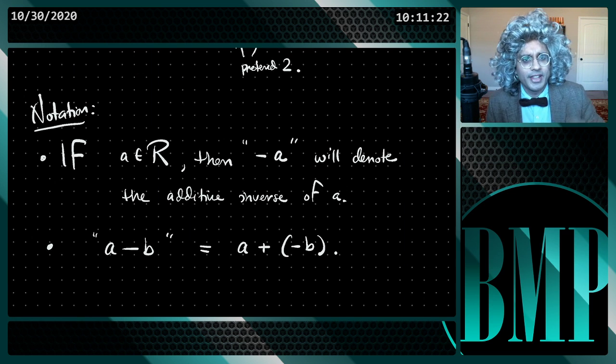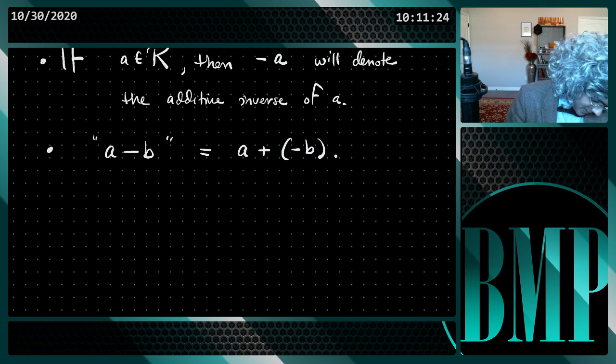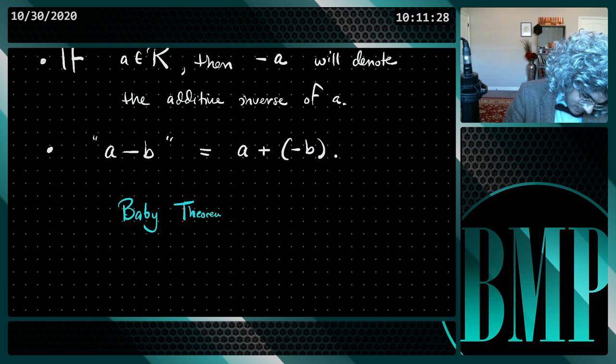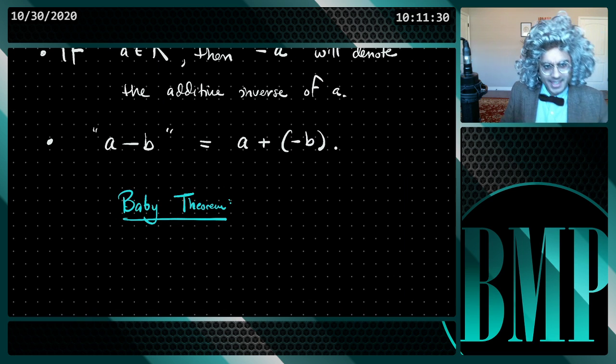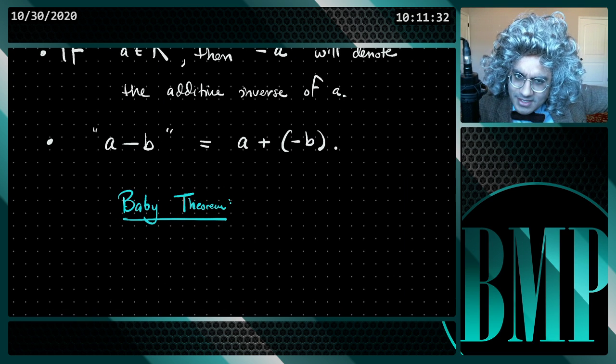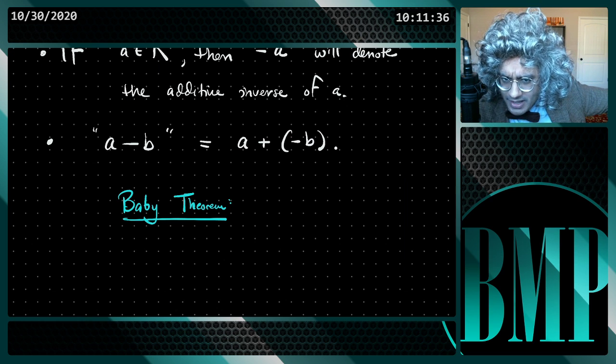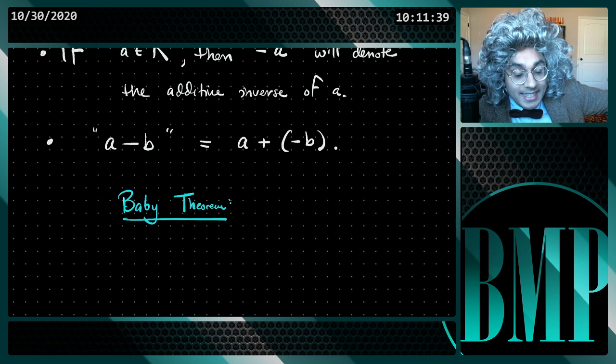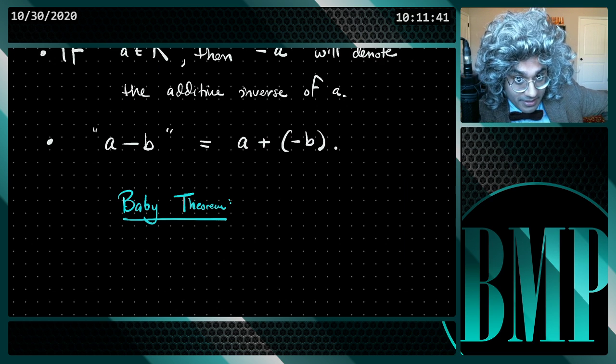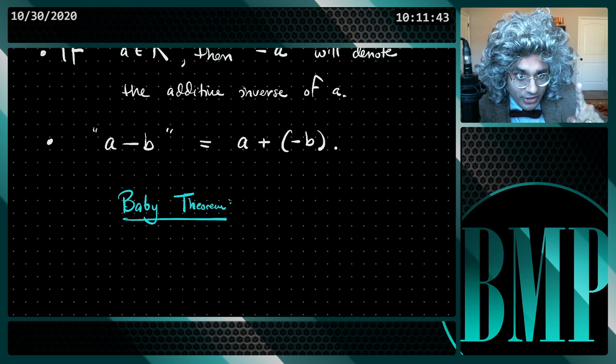All right, so then baby theorem. What happens when you multiply a number in a ring by -1? Have you ever thought about that?